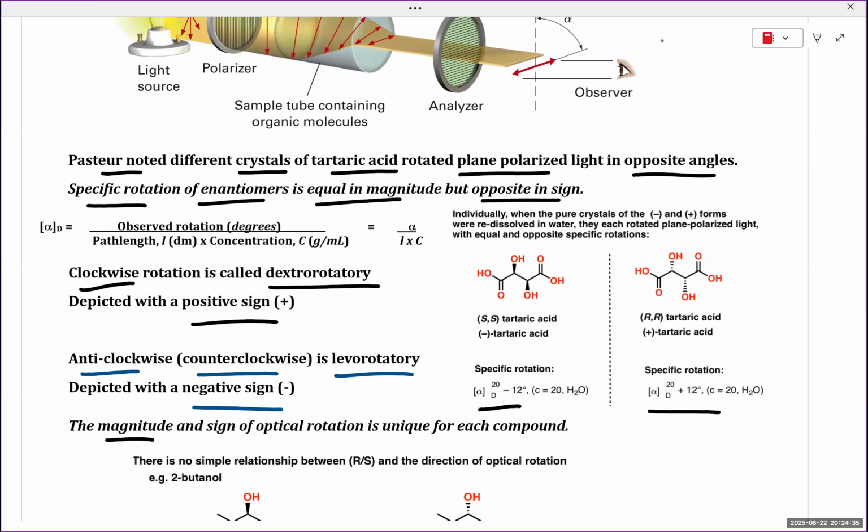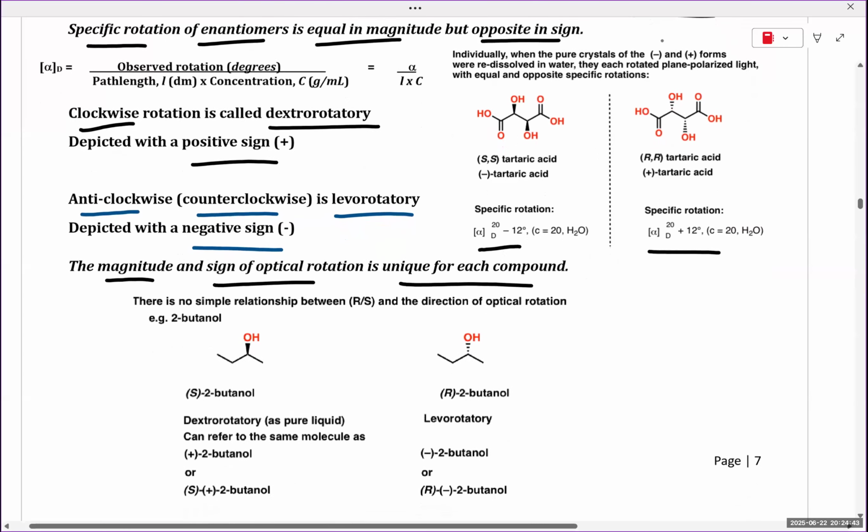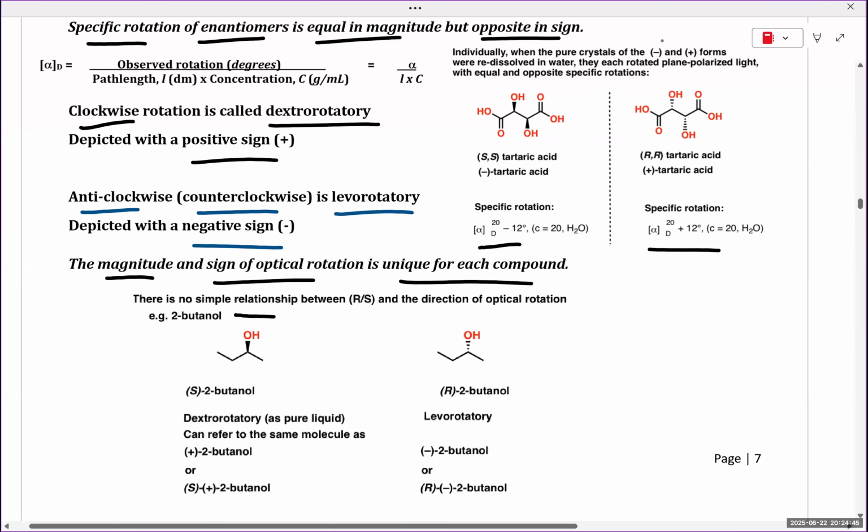The magnitude and sign of optical rotation is unique for each compound, and there is no simple relationship between the assigned stereochemistry and the direction of optical rotation. It really is unique on a compound by compound basis.